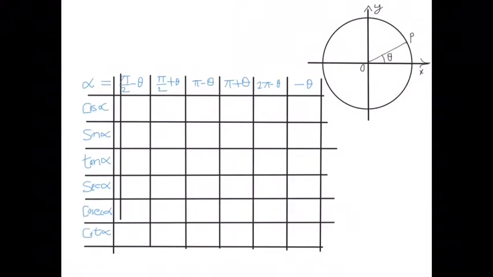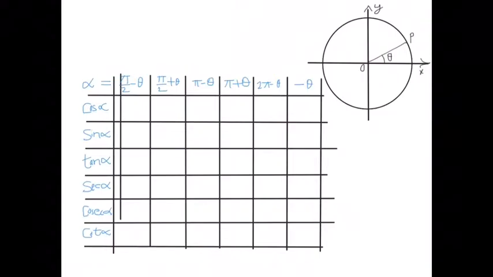Fifth scenario is alpha is equal to 2 pi minus theta, which means alpha is somewhere in the fourth quadrant. And in the last scenario, alpha is minus theta, which we have earlier seen is equivalent to 2 pi minus theta. So therefore again alpha is somewhere in the fourth quadrant.